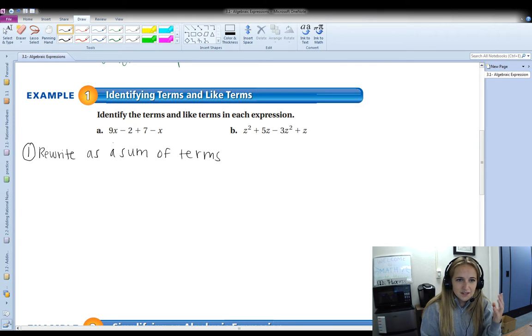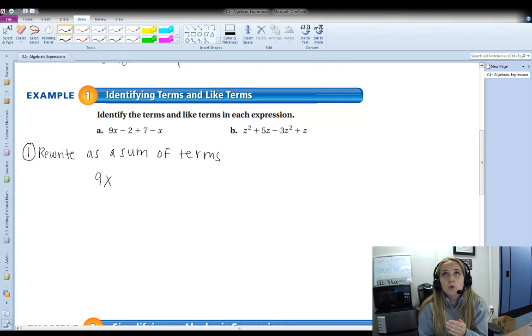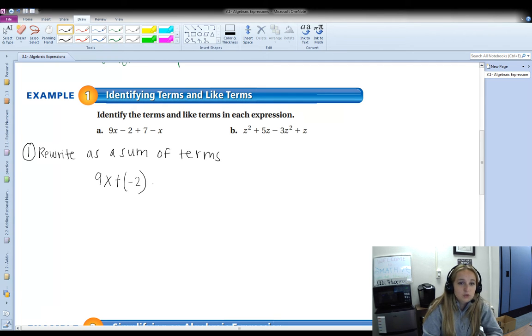And what this means is we're going to write, okay, 9x. Then rather than writing the subtraction sign, we're going to go back to that 1.3 lesson where we learned to subtract integers. And remember, the rule for subtracting integers is to add its opposite. So essentially, subtracting 2 is just going to be adding negative 2, okay? That's what we mean by rewrite as a sum. Sum means addition, which means we're going to rewrite it only using addition and then essentially adding its opposite.